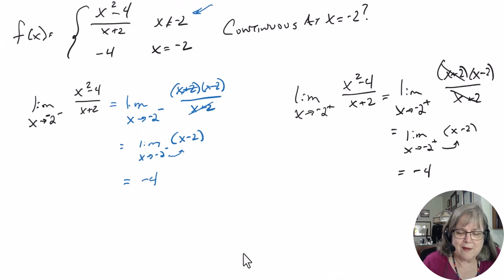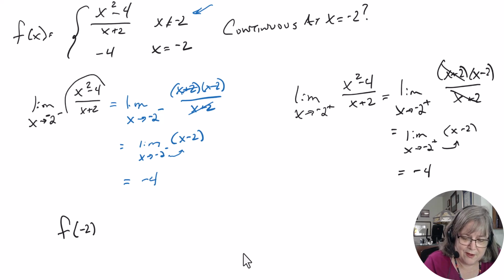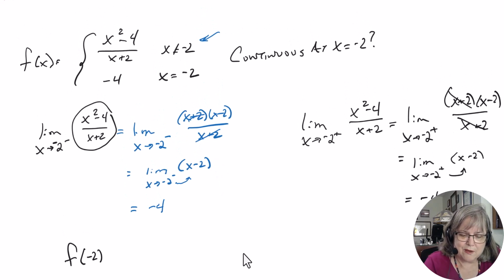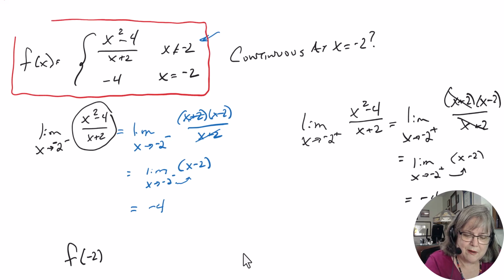Okay. Now the next question is, what is f of -2? Now, if you're using this function, f of -2 is undefined. But if you go up to the original function, right? Because originally, this is your function that you're talking about.